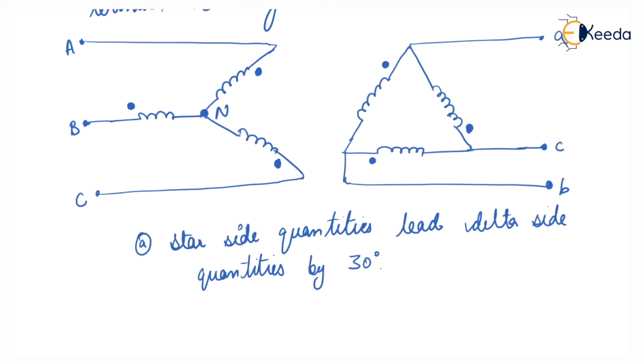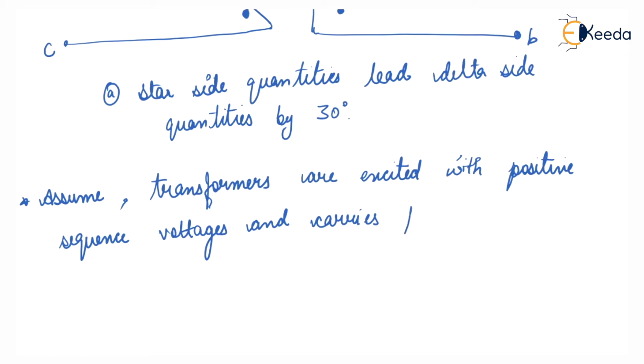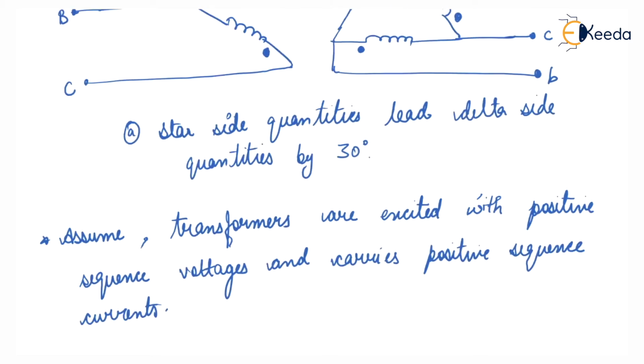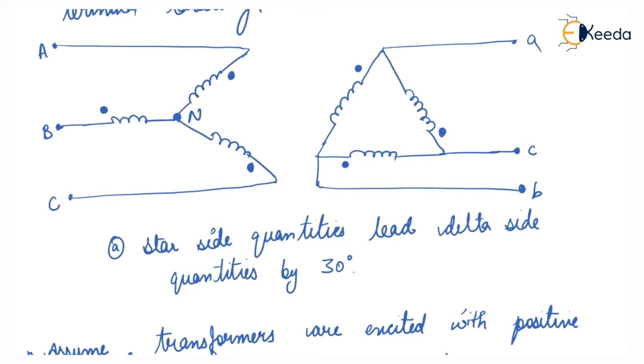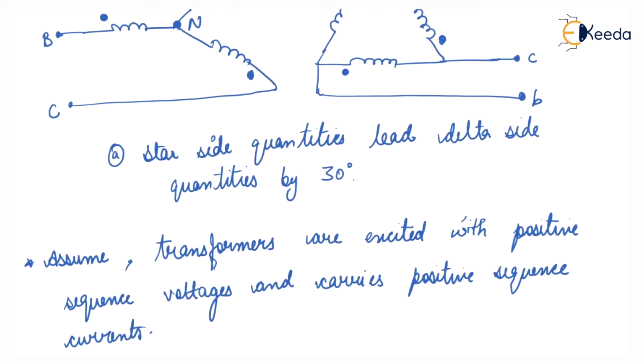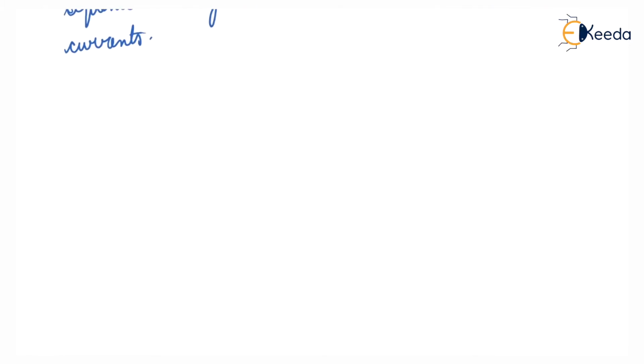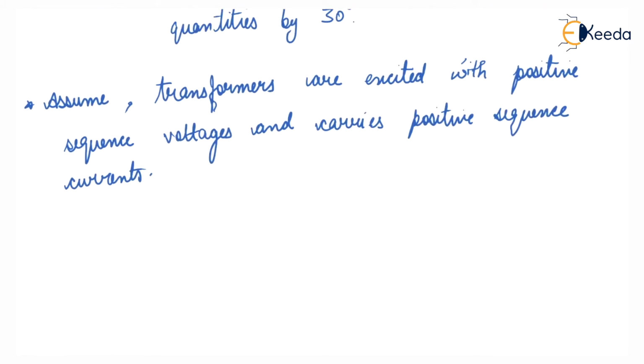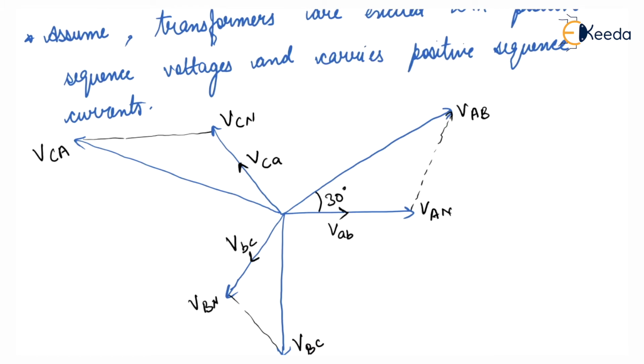Assume that the transformer is excited with positive sequence voltage and carries positive sequence current. So with the polarity mark shown in this diagram, we can immediately draw the phasor diagram.